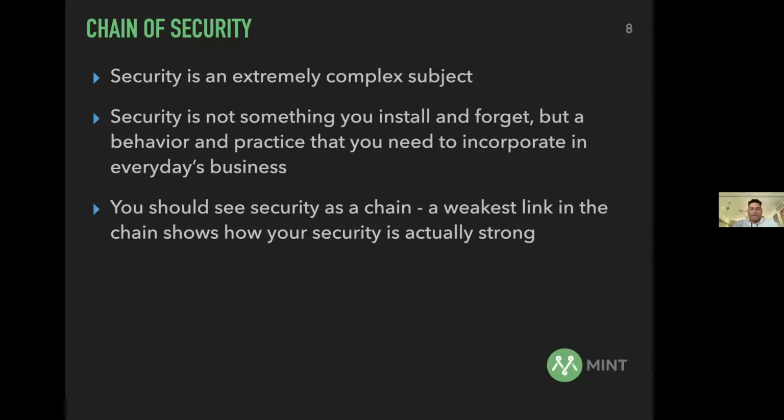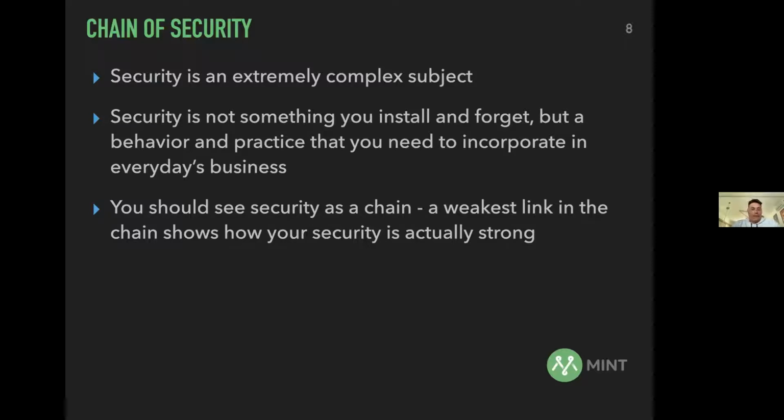So when we talk about security, it's actually a behavior, a practice, something that you need to do every day. You need to incorporate it into your everyday life and everyday business. And you should see it as a chain. It is usually presented as a chain, because we say the weakest link in the chain determines how strong your security actually is.